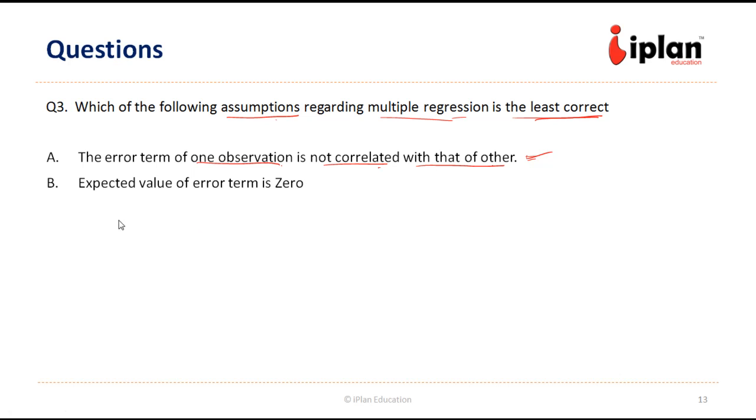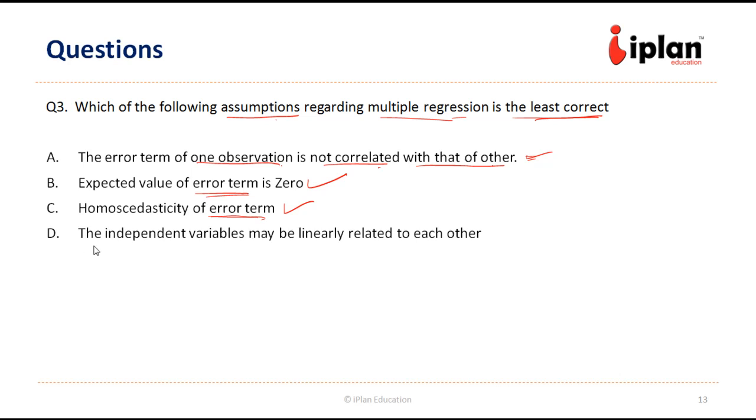Option B says expected value of the error term should be 0. That is true. This is another assumption. Option C says the error term should be homoscedastic. That is also one of the assumptions. D says the independent variables may be linearly related to each other. We know that they should not be linearly related to each other, otherwise the problem of multicollinearity will arise. So D is the right answer here.